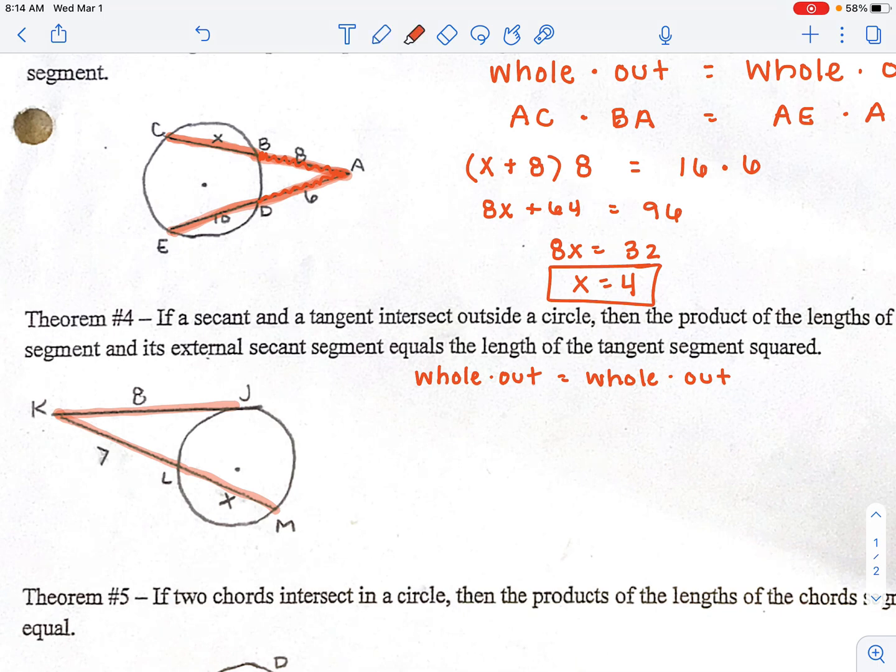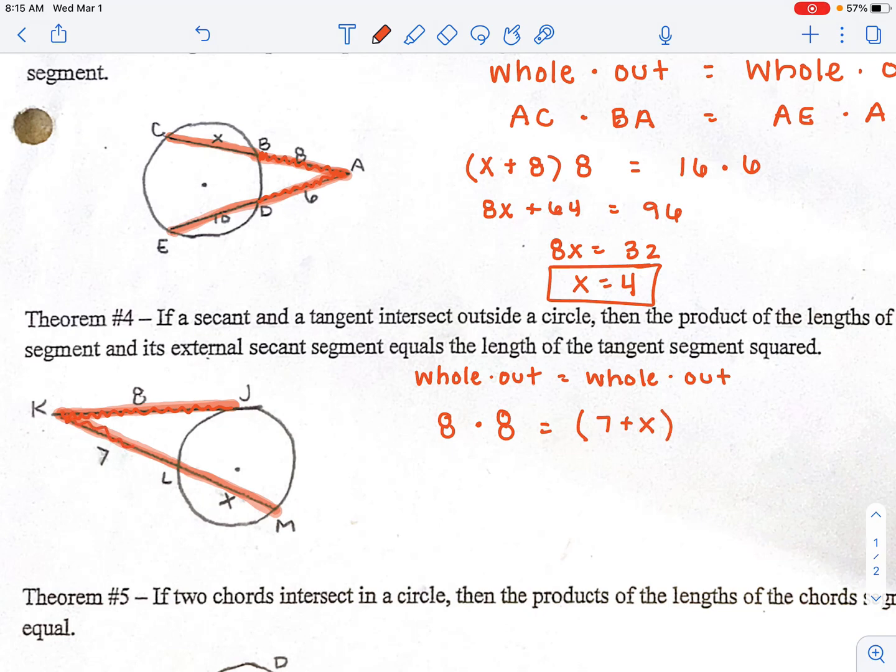So look at our whole line over here. My whole line is from K to J. So that whole thing is just one thing, so it's 8 times the outside portion of that. Well, the outside portion is also the exact same thing, so it's also 8 equals. The whole part of this secant line is from K to M, so from 7 and X, so that would become 7 plus X, times the outside portion.